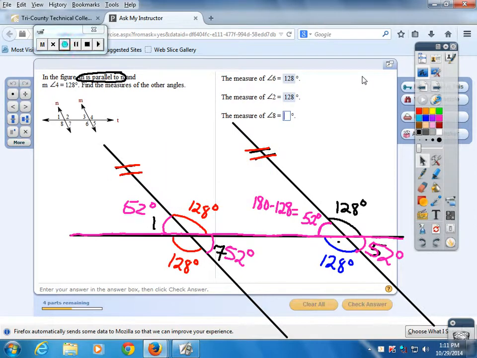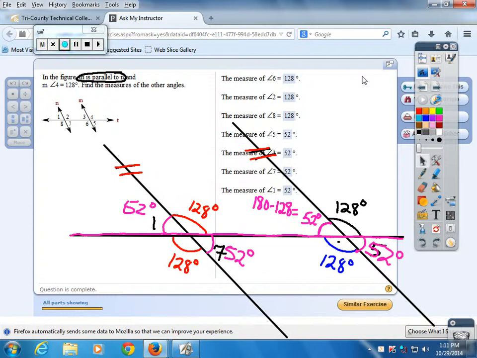Angle 8 is 128. Angle 5 is 52. Angle 3, 52. And 52. And 52. Question on that one?